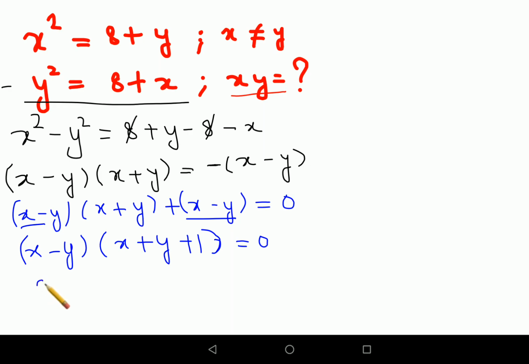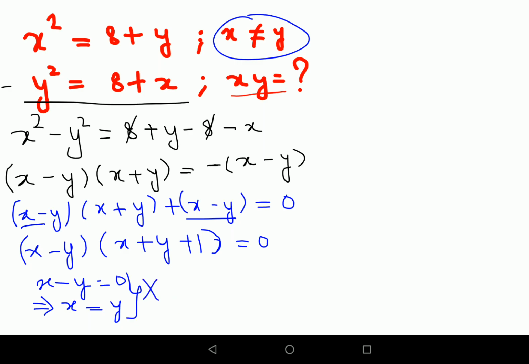So I can say x minus y equals 0, then that gets to x equals y. That is not possible. This is given in the question. So I'll discard this completely. This is gone. So now from this I can say that x plus y plus 1 equals 0.